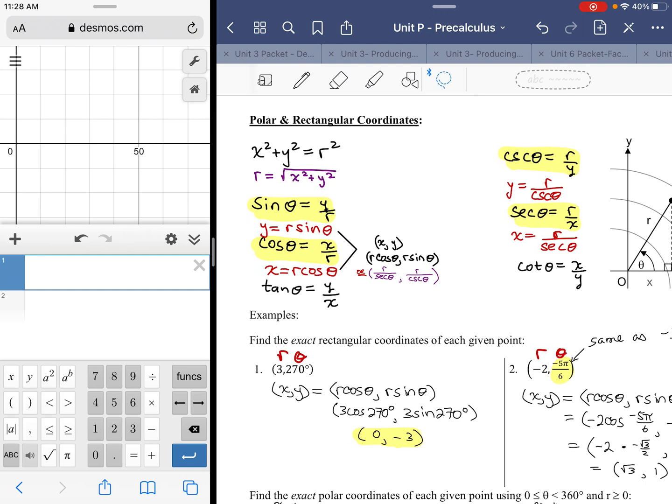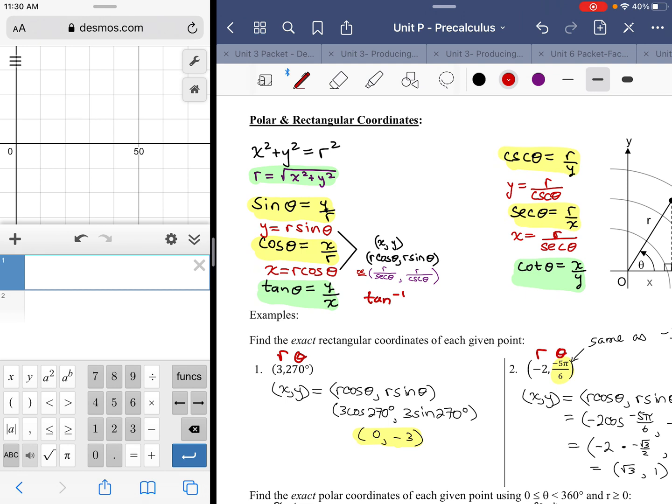I also have tons of methods by which I can come up with a theta. I have 6 equations that involve a theta. 2 of them are reliant strictly on an x and a y, the tangent and the cotangent. So we'll need this one. If I want to use the tangent equation and solve for theta, I would take the inverse tangent of both sides.